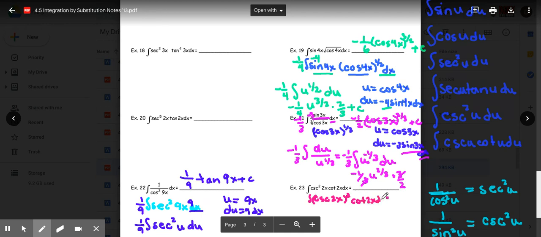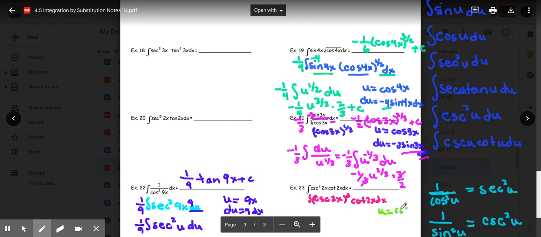Now we have to pick our u so that when we take the derivative of it, it's basically in the problem already. Well, the derivative of cotangent, and you can actually do this problem in 2 ways, but I'm only going to tell you one way because I don't want to confuse you. The derivative of cotangent is cosecant squared.